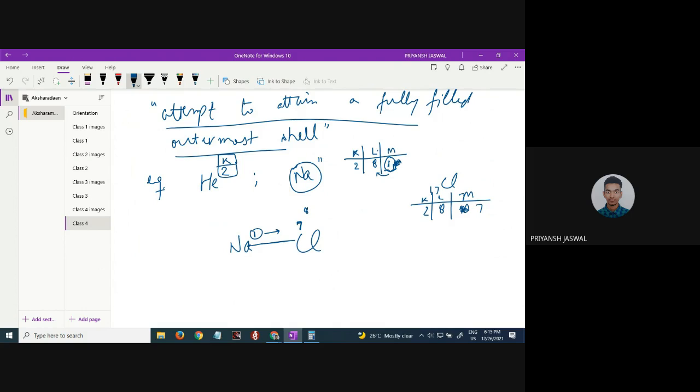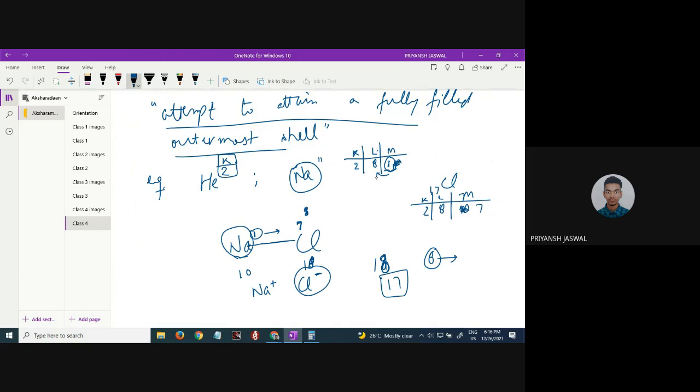Actually it is transferred completely, because it's an ionic bond. After attaining one electron from sodium, chlorine has now 18 electrons, that is 8 electrons in the outermost shell, but the protons are still 17, inside the nucleus. So it retains stability and one negative charge.